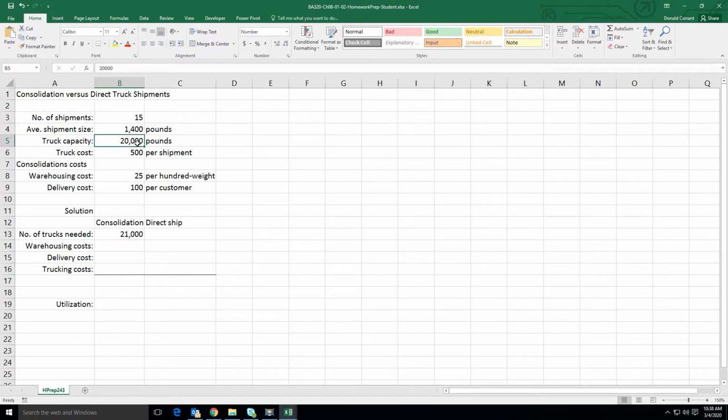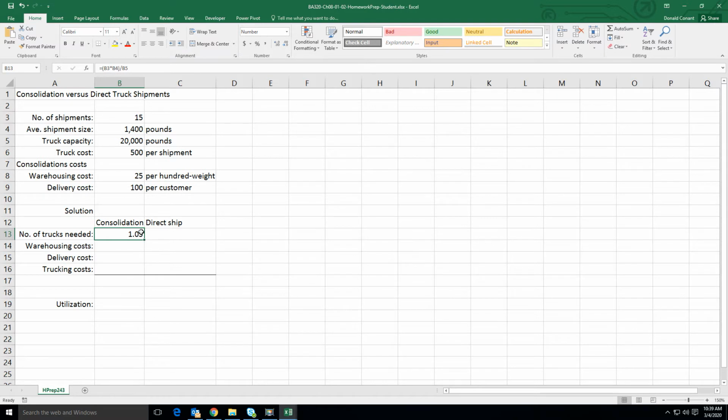So to determine how many trucks I'm going to use, I can go ahead and take this value, and place it over the truck capacity. And that tells me, let me expand this a little bit, that I need 1.05 trucks. Well, that means I have to have 2 trucks.